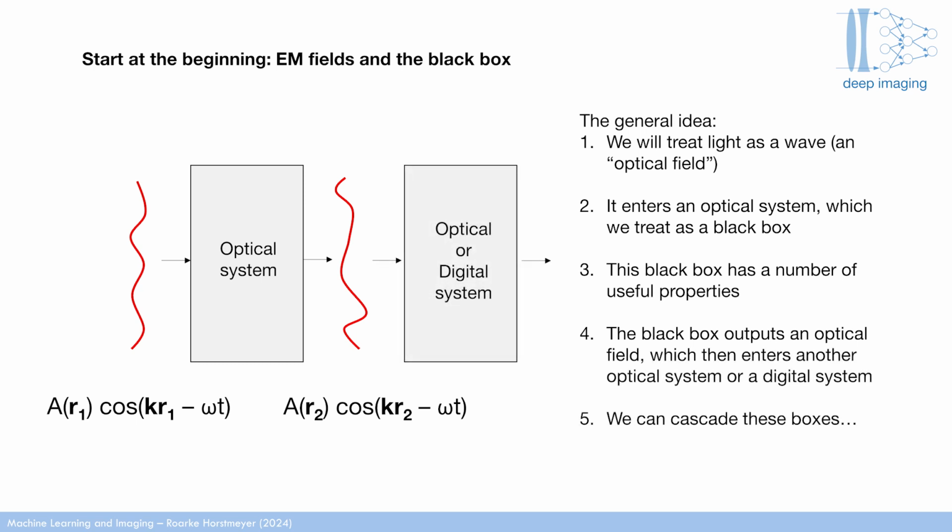We can cascade these boxes together and define a sequence of operations that map radiation from one plane to another, where the quantities being manipulated define how the radiation is transforming physically as it moves through the world.